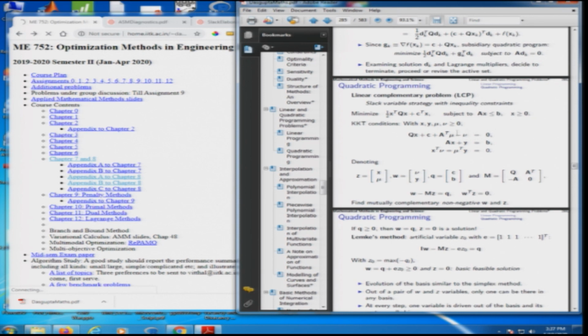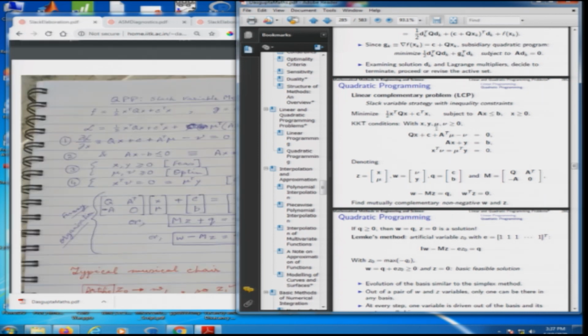Why is y positive? Because y is the slack variable here. A x plus y equal to b. And mu is the set of Lagrange multipliers corresponding to this set of inequality constraints, and nu is the set of Lagrange multipliers corresponding to this set of constraints. Make note that these are also constraints.